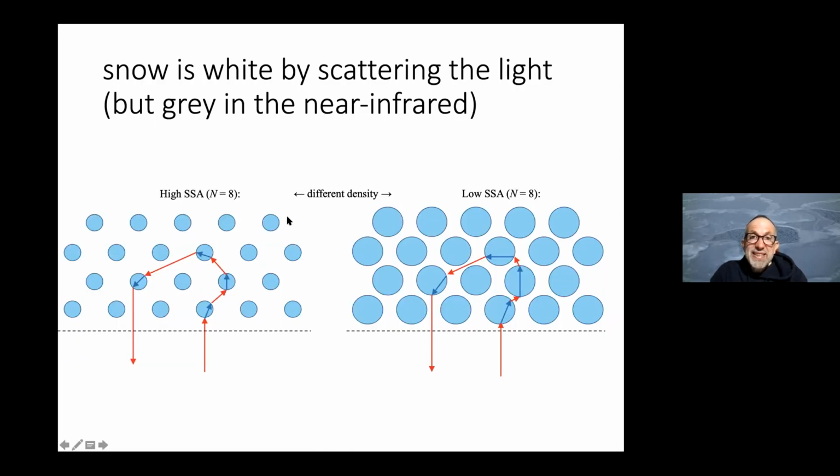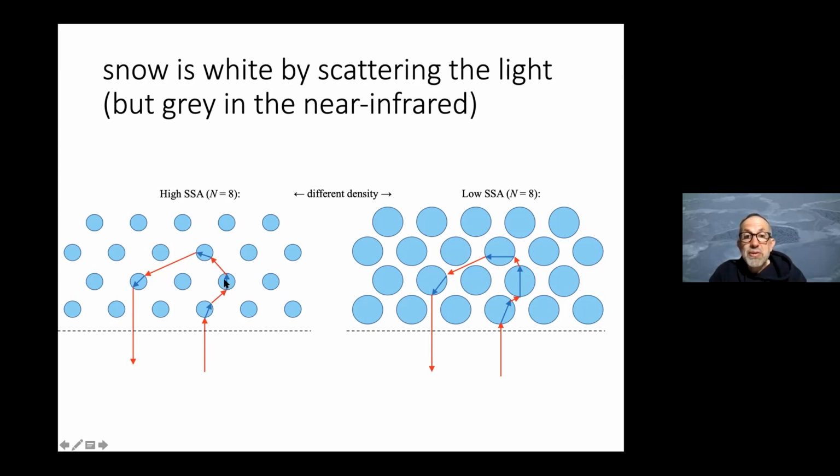But the effect is now, the physical effect why this works is when we have small particles like here, then in the small particles, the absorption is smaller than in the large particles. And we see here the same number of transitions.